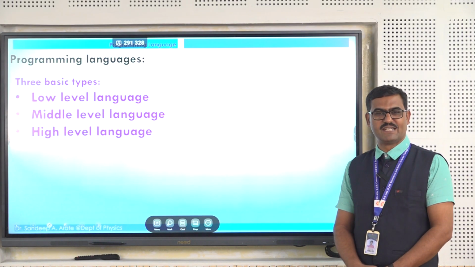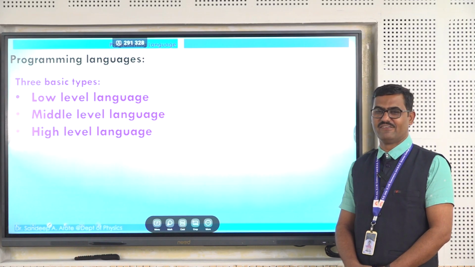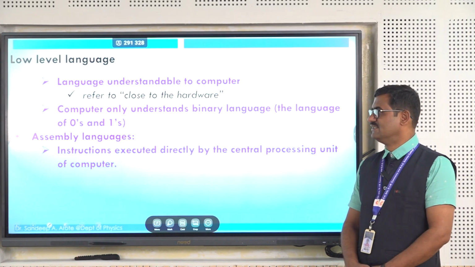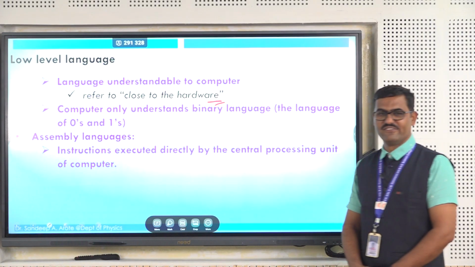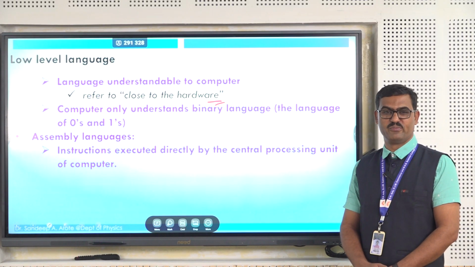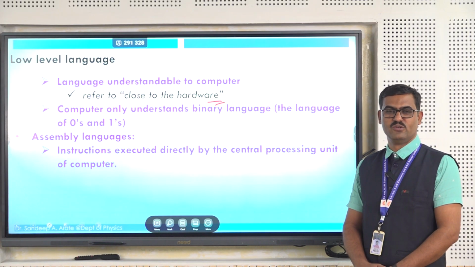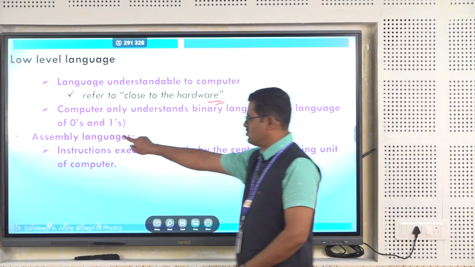Now there are three basic types of programming language. The first is low level language, the second is middle level language, and the third is high level language. Low level language means the language which is very close to hardware, easily understandable by the physical components of the computer. We know that the computer only understands a binary language, in terms of 0 and 1.